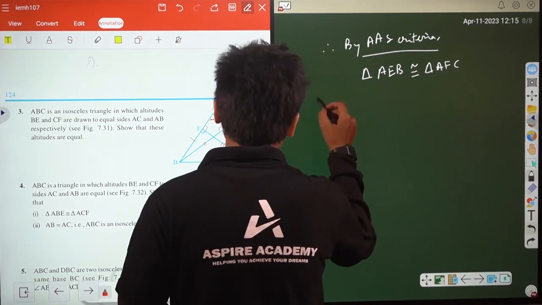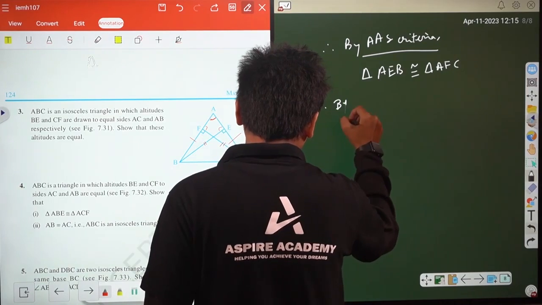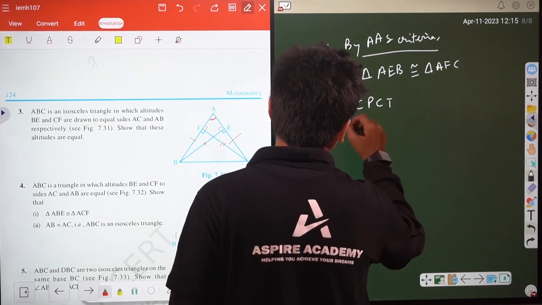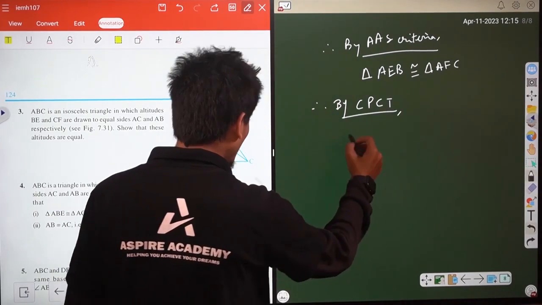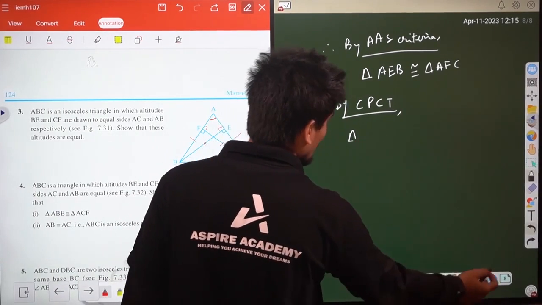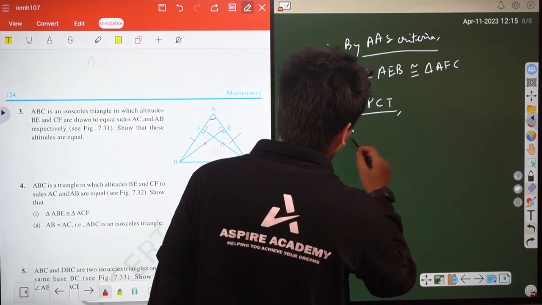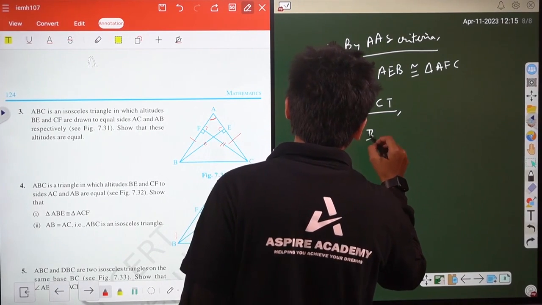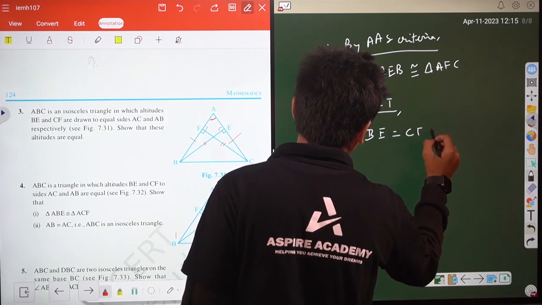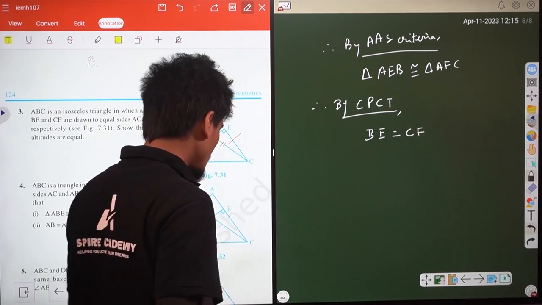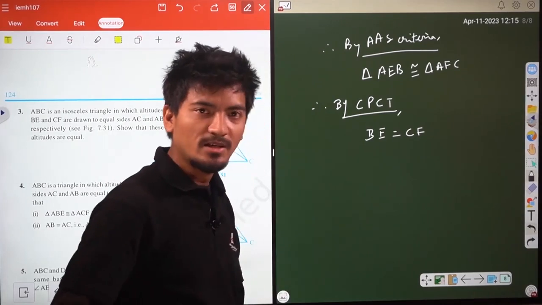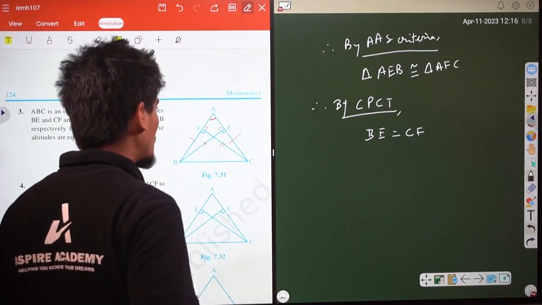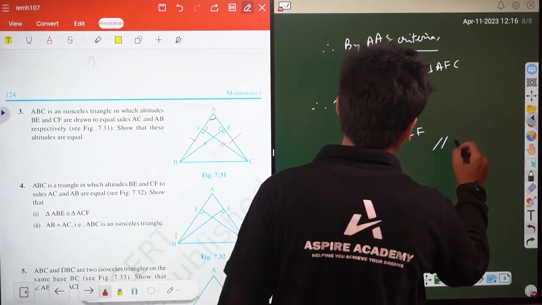So therefore by corresponding parts of congruent triangles, CPCT, we can say that BE is equals to CF, right? Because they are the corresponding sides. Okay? Okay. So this is the required proof.